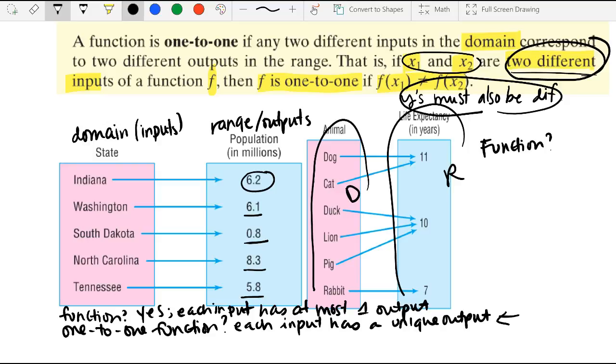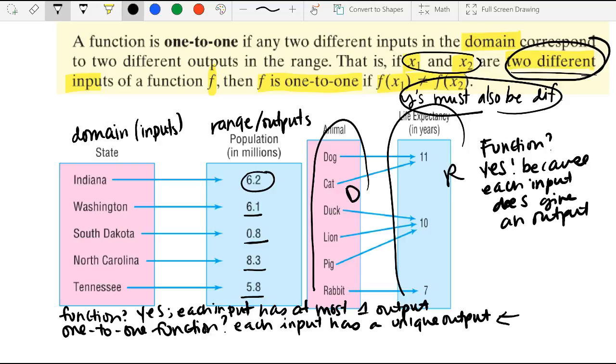And some of you might say, you know, it's repeating a y value, so it might not be a function. But the answer is yes, it's a function, okay? Because each input does give an output.